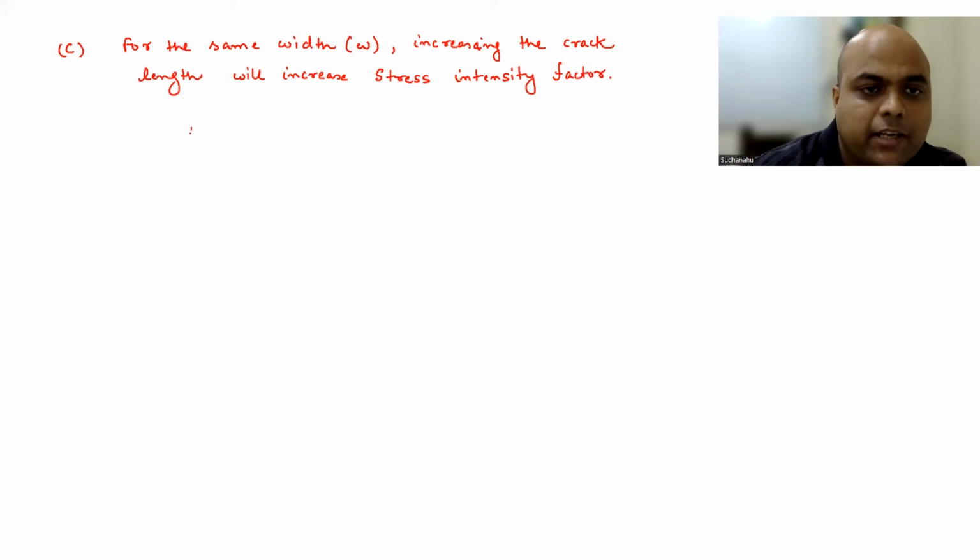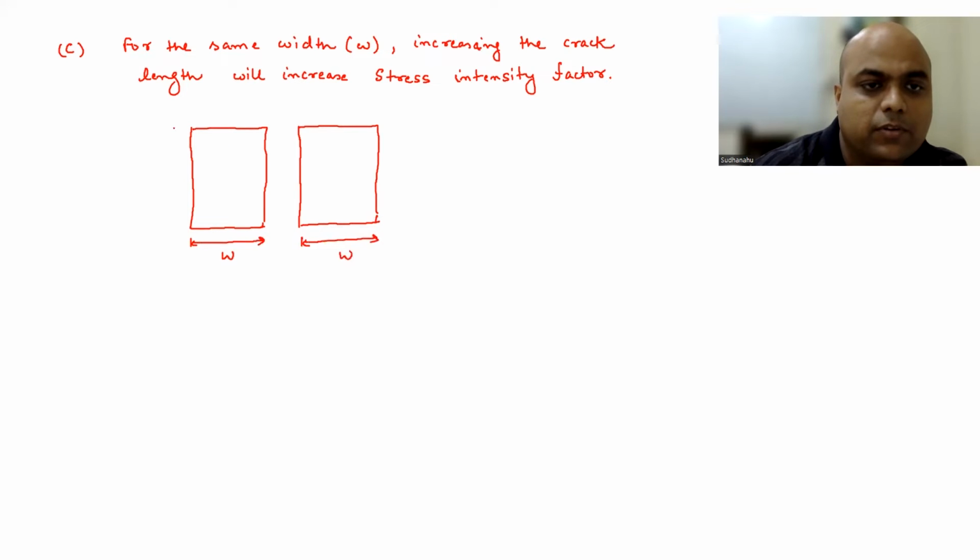Okay. So again, if I draw a schematic, the same width of the plate in both the cases. Say this is W, this is W. So this is plate 1 and plate 2.